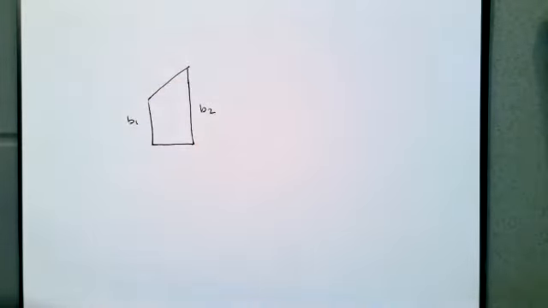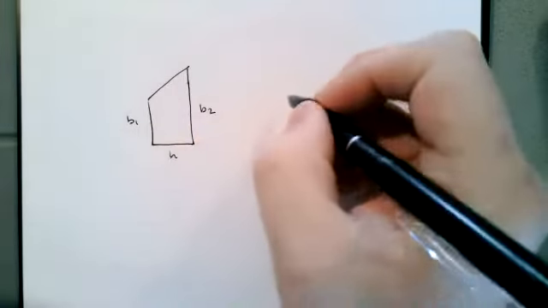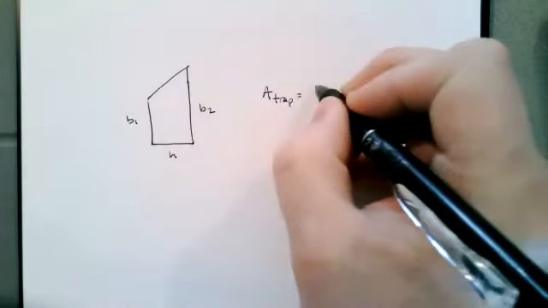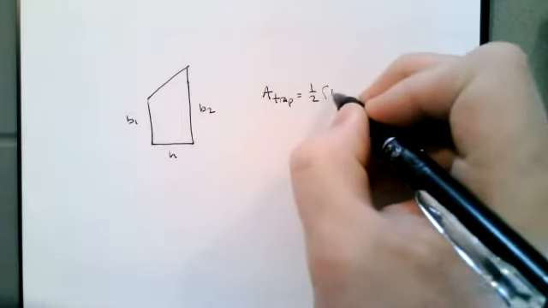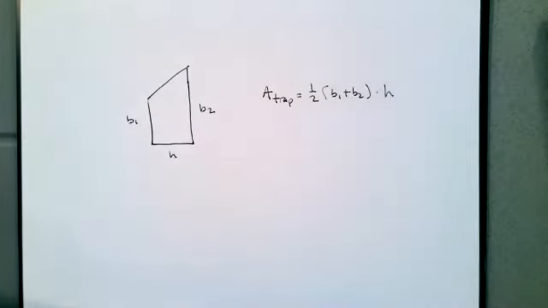A trapezoid has two parallel sides and then two non-parallel sides. So then there's a height. The area of a trapezoid is the average of the bases times the height.